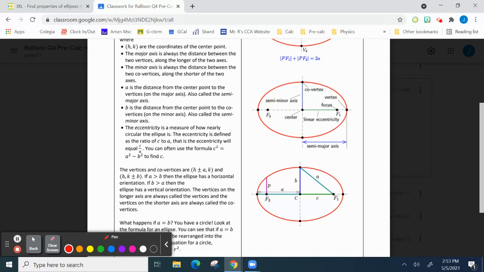The major axis is always 2a, and the minor axis, because there's a b right there, so twice that, the minor axis is 2b in length. And remember, b is always the shorter one. It doesn't matter whether it's under the x or the y, right?